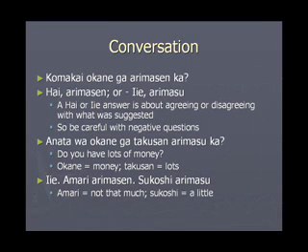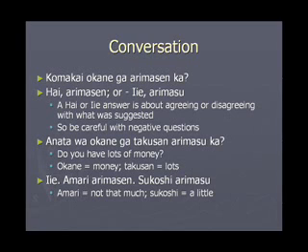Continuing on that conversation, a negative question such as komakai okane ga arimasen ka is a little dangerous. If it had been phrased as komakai okane ga arimasu ka, you could have said hai arimasu or iie arimasen. Since it has been phrased as a negative question, you have to answer it differently. If you agree with that, that is komakai okane ga arimasen, then you say hai arimasen.